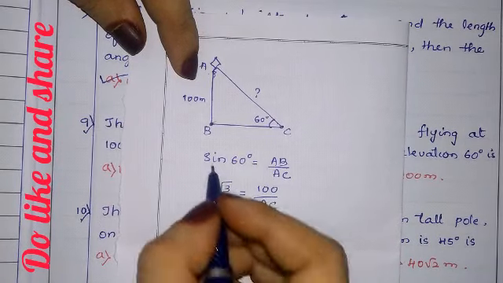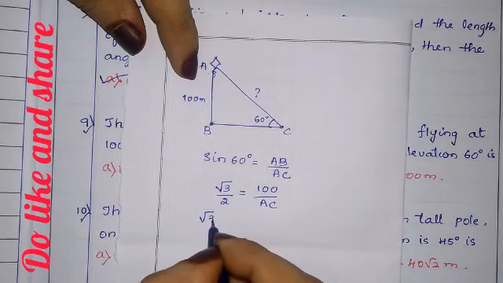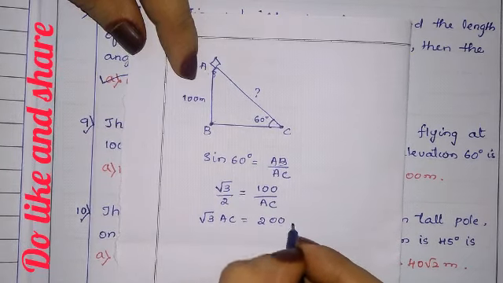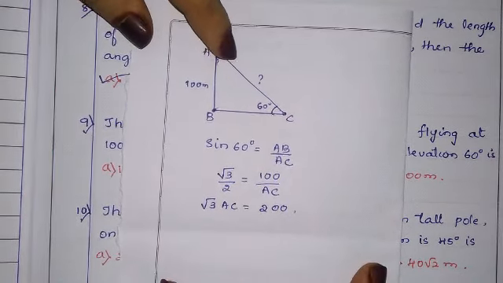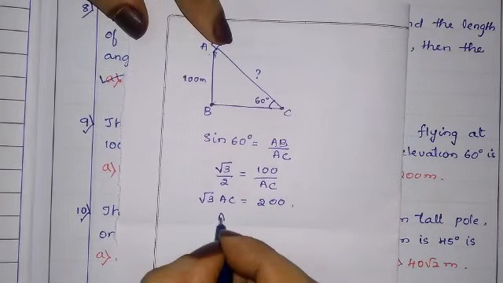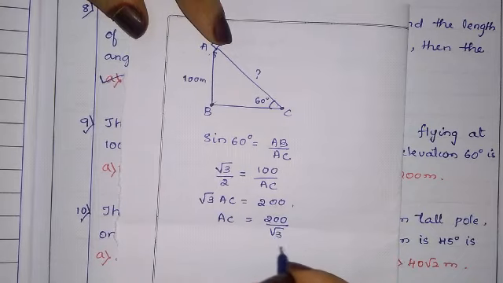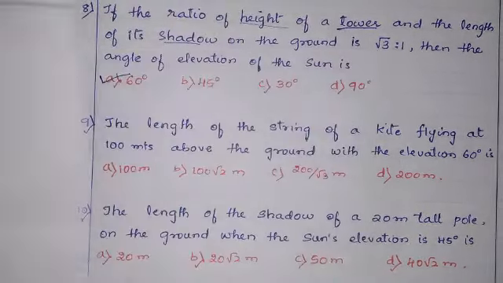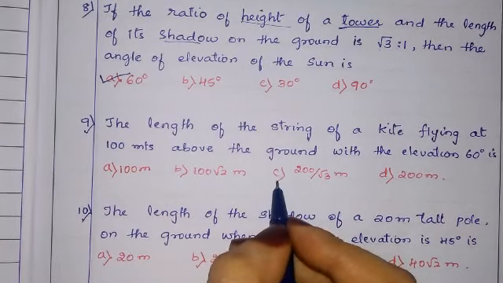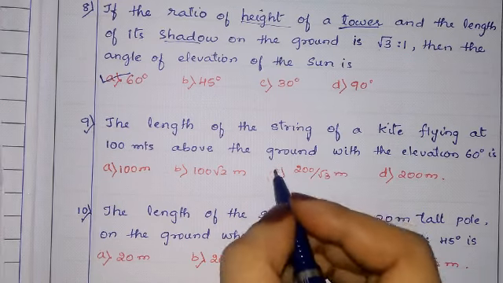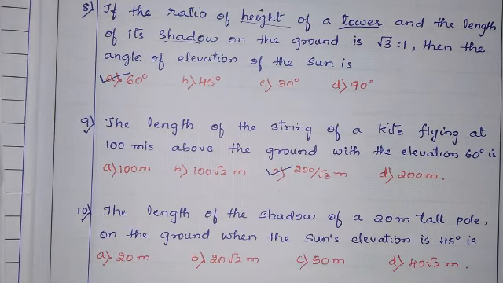Let us cross multiply: √3 AC is equal to 200, that is 100 into 2. So AC is equal to 200 upon √3. Let us check the options. Yes, option C is 200 upon √3 meter. So the correct option is C.